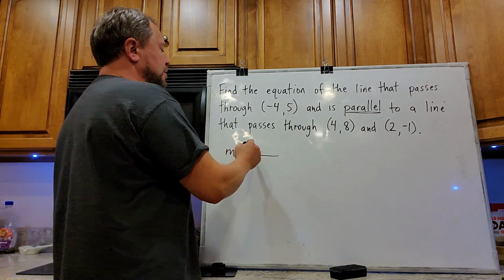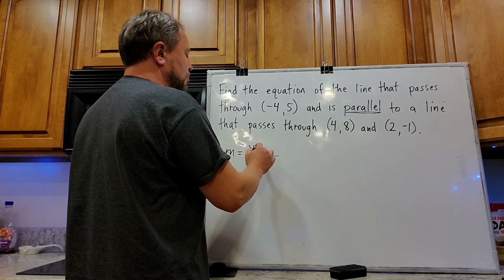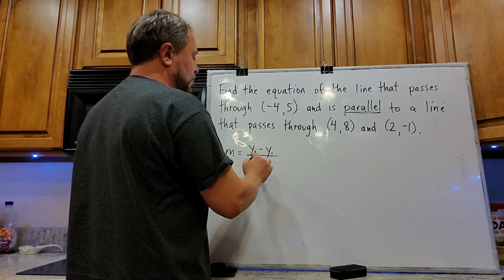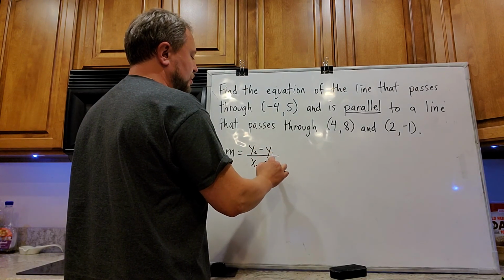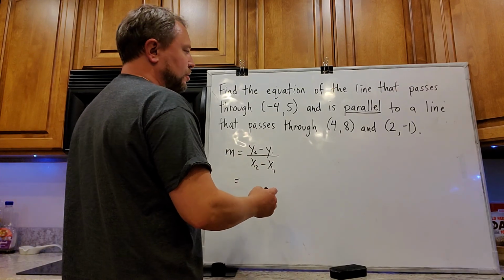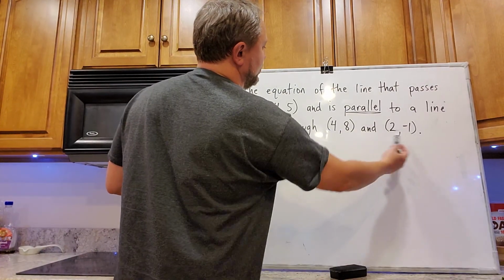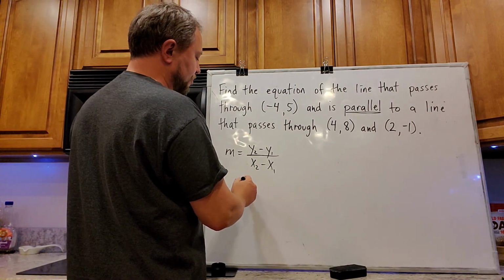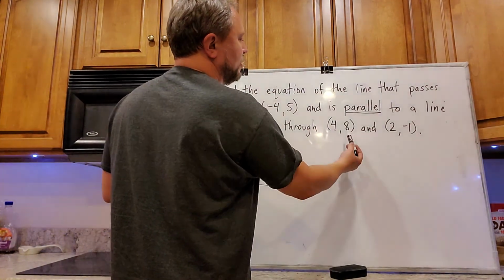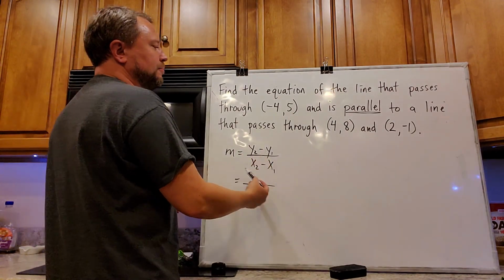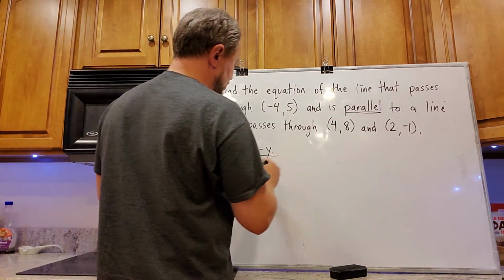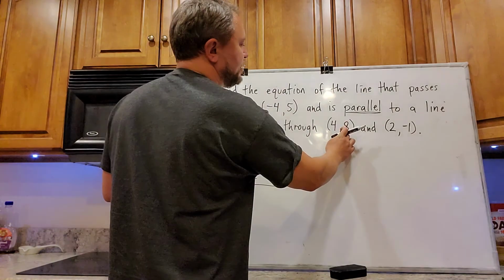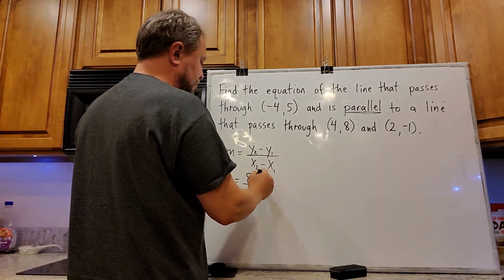Remember that slope is y2 minus y1 over x2 minus x1. So if we plug in these values down here, let's see what we get. The y values go on top, so I'm going to take this 8 and subtract it from the -1.